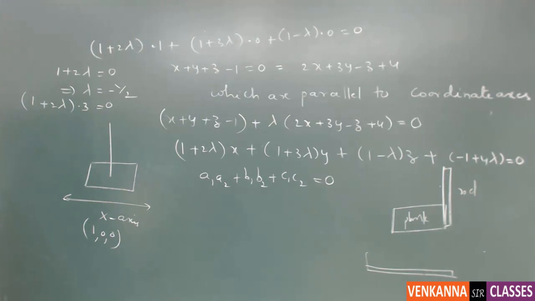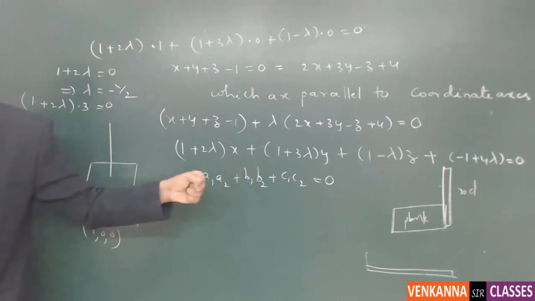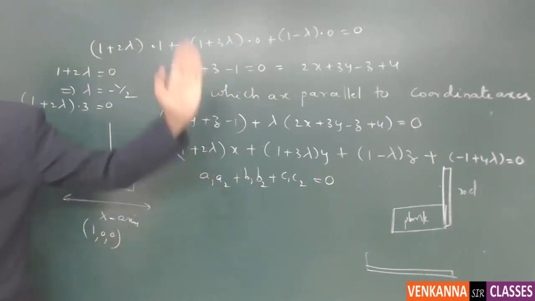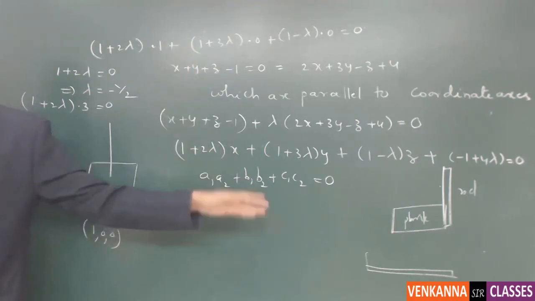The plank is nothing but a plane. The rod is nothing but the normal to the plane. So if you hold that and place it on any line or any rod, you can say the plane is parallel to that line. So the normal is always perpendicular to that line.